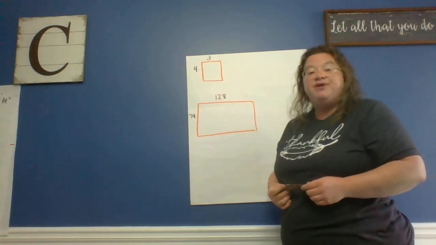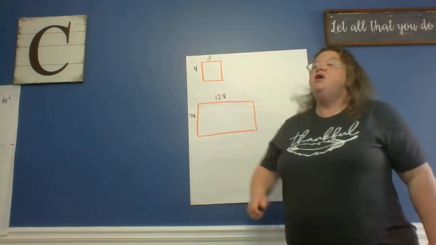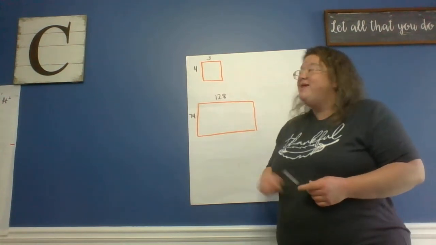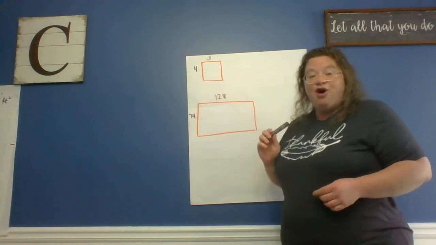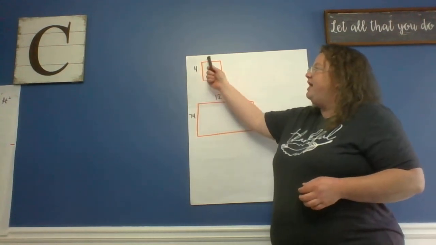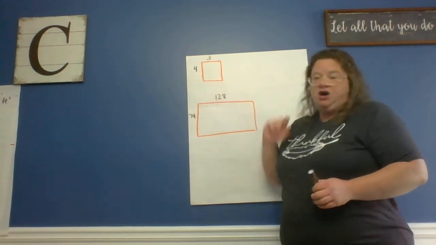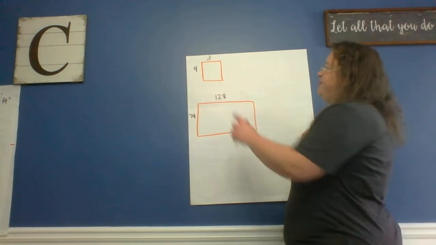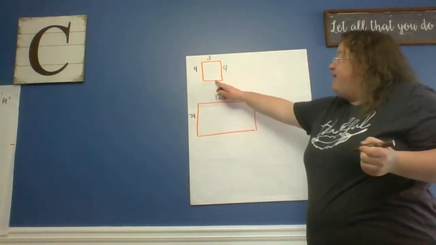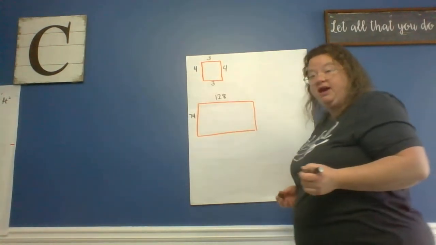Now, you've got to remember your attributes of quadrilaterals that we learned last year in 3rd grade. And we know that when we have a rectangle, the opposite sides are equal. The length is the same. So even though we only have 2 lengths given to us, we know what the other ones are, right? So we know that the opposite side here is also going to be 4 feet, and the opposite side here is also going to be 3 feet.